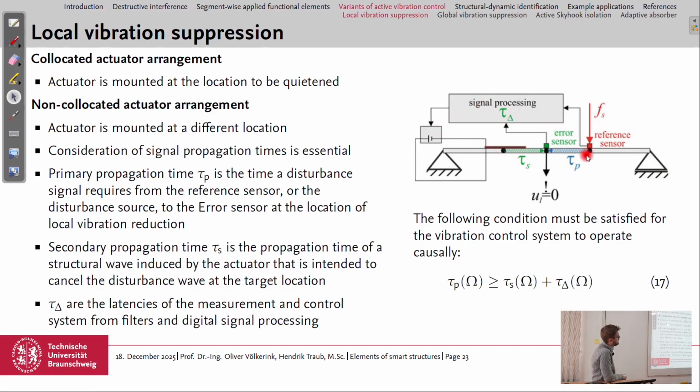Our sensor is here to know the excitation force. And from this recorded signal of the disturbance, we need to calculate in the control loop our signal for the actuator. This also takes time and also limits the positioning of the actuator.